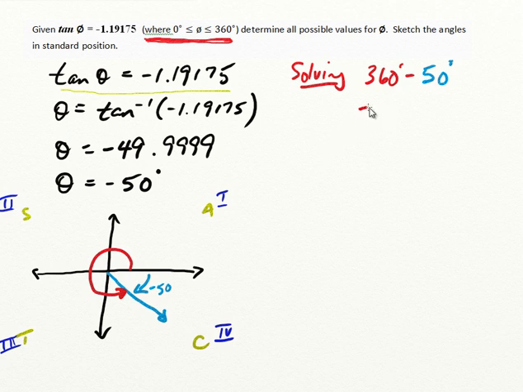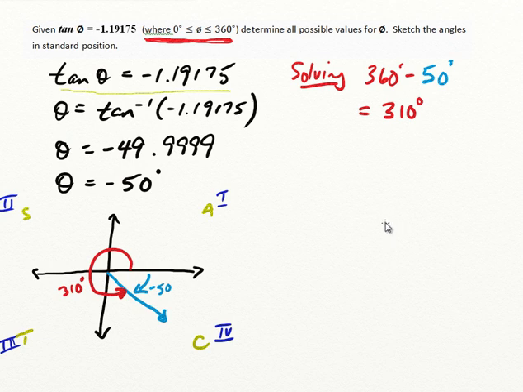That is equal to 310 degrees. So this angle measure of 310 degrees is our first solution. That is one of the possible values. And if we actually took the tangent value of 310 degrees, you would find that it's negative 1.19175.